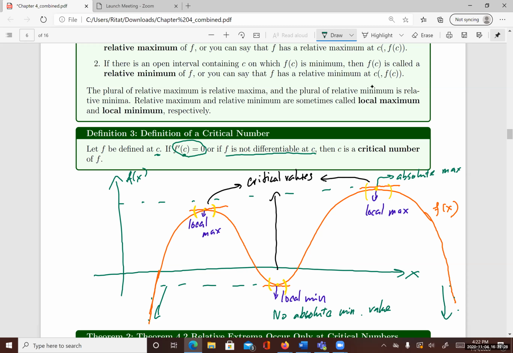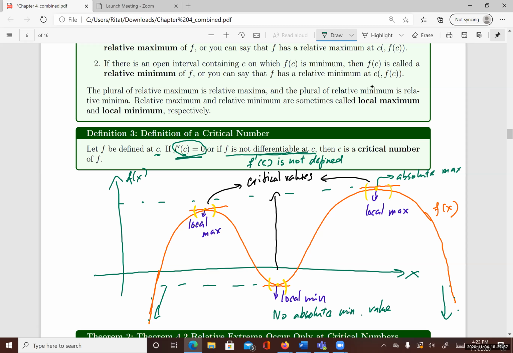Not differentiable means that when you find the derivative of f of x, f prime of x, c is a point where f prime of c is not defined. That's what I mean when I say f is not differentiable at c. And c is a critical number if c satisfies these conditions.